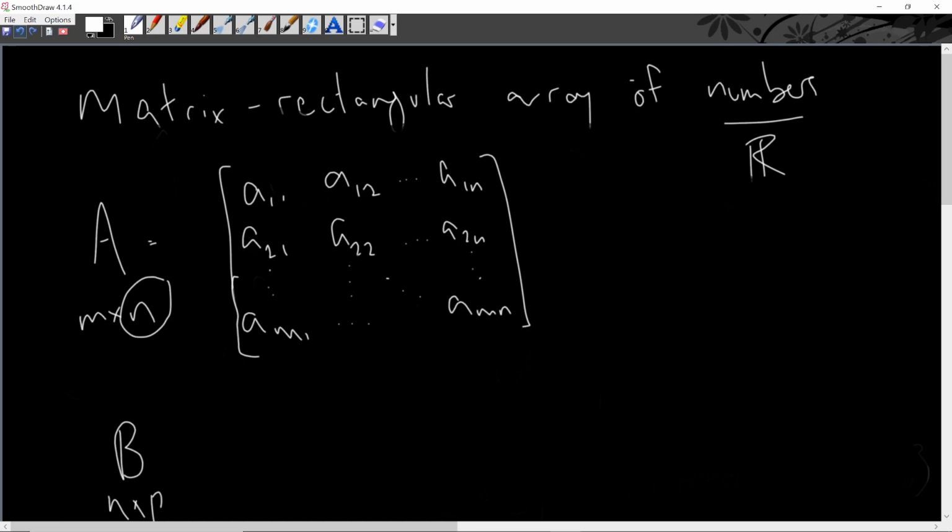And we can say that this is the same kind, right? It'll be B11, B12, on and on to B1p, and then this will be B21, B22, on and on.